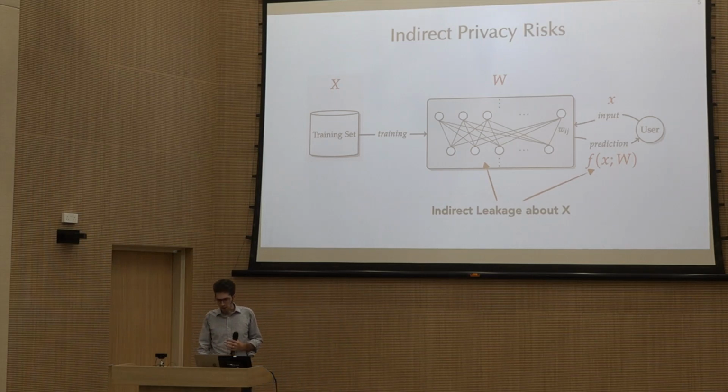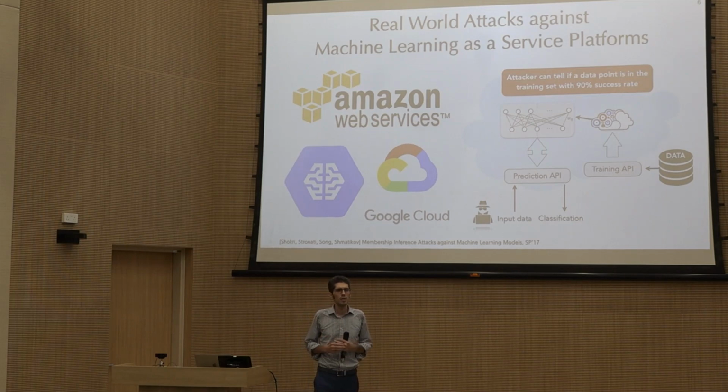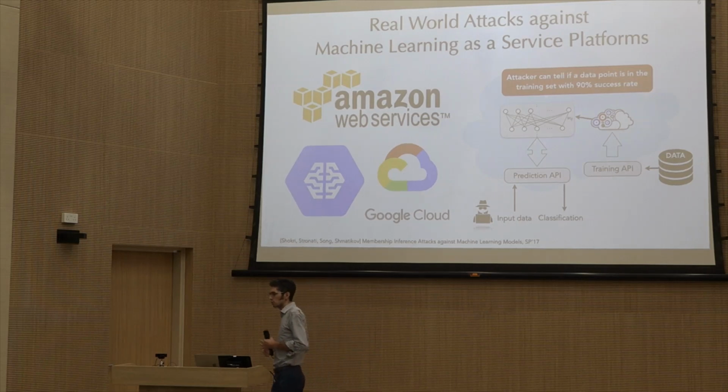So is this risk real? Yes, that is real. We can actually run inference attacks against existing machine learning as a service platforms by all these cloud service providers, and tell with very high accuracy whether certain data points have been used for training a model, right?